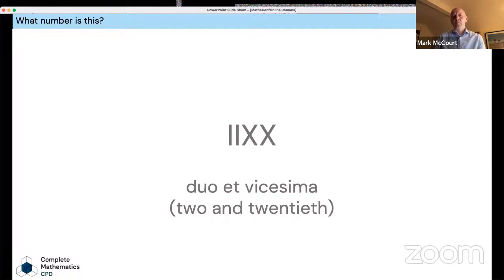And this comes from the way in which language is constructed. So if we think of the 22nd legion of the Roman Empire, the way in which that wording is constructed, so duo et vicesima, 2 and 20th. So the 2 comes first in the way in which we're saying it, and you can see the symbolism as a 2.